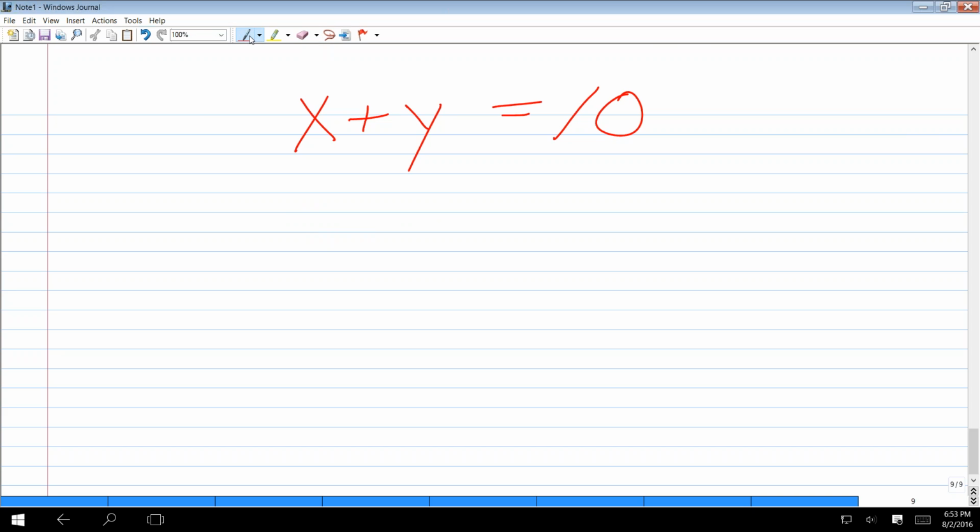But if I have another equation, here I'm going to pull it out of the book here. Let's say I have another independent equation that says x minus y equals 4.